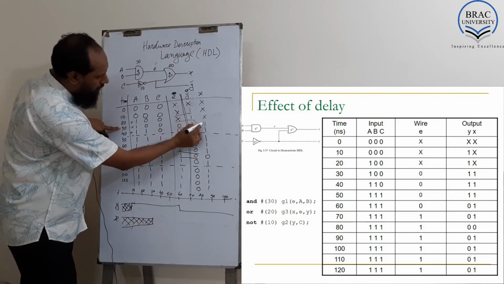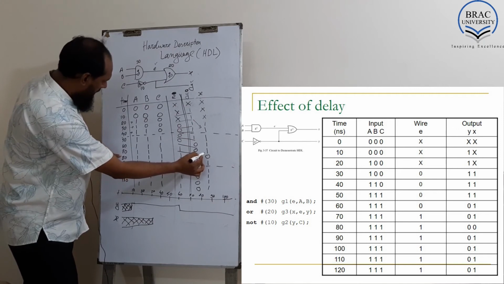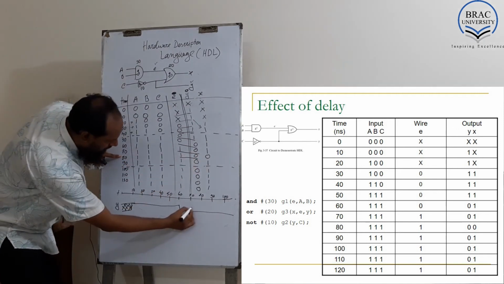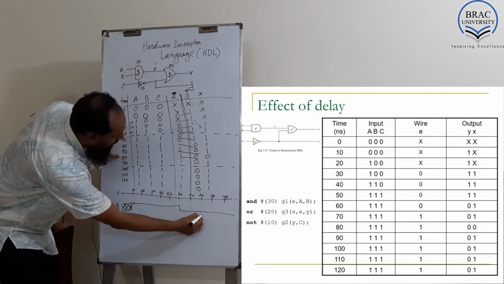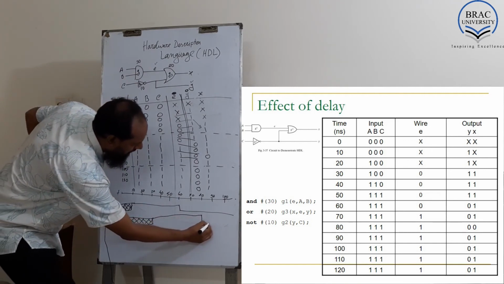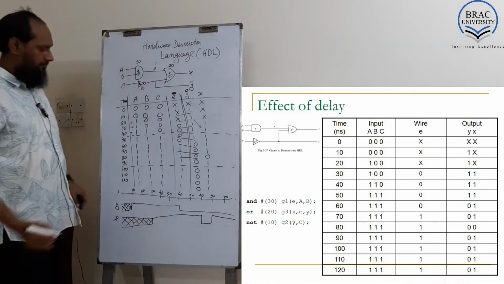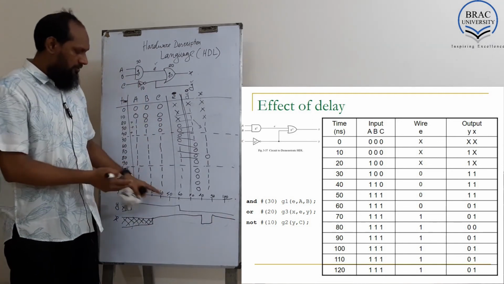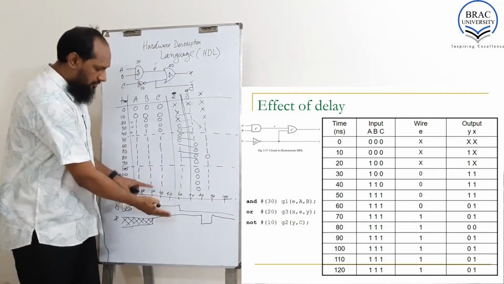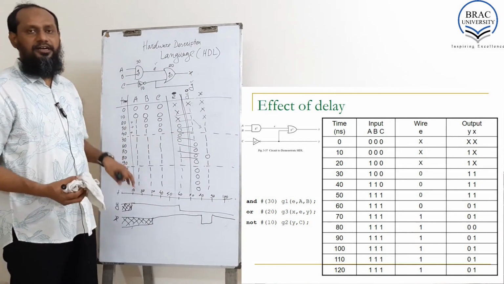Then we got 1 until 79 nanosecond. So until here we got 1. Then just for 10 nanosecond it becomes 0 and again becomes 1. My drawing was very bad since it was on the lower part of this board. So this is the corresponding time diagram.